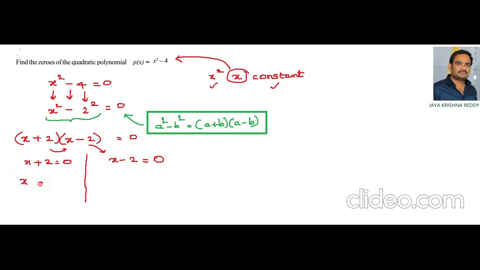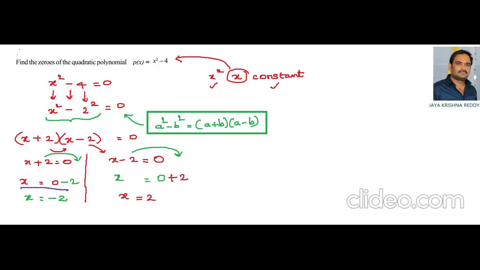So x equals to 0, and by transporting this plus 2 to the right side, it will give a minus 2. So we can write x equal to 0 minus 2 means x equal to minus 2. Here also x equal to 0 and transporting minus 2 to the right hand side, it will become plus 2. So x equal to 0 plus 2 means x equals to 2.